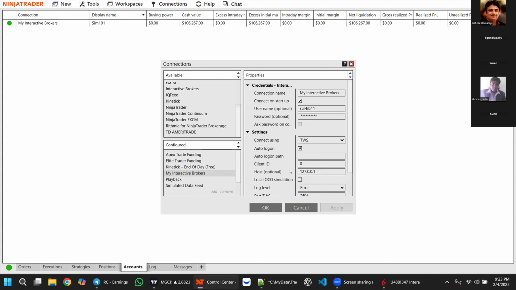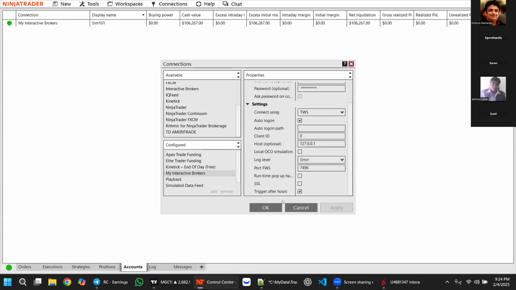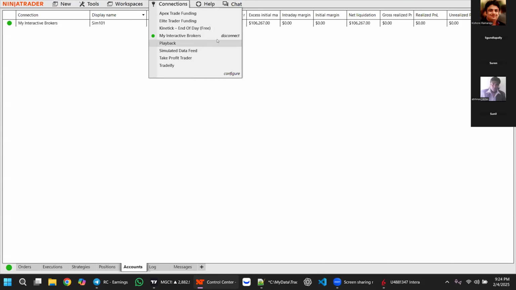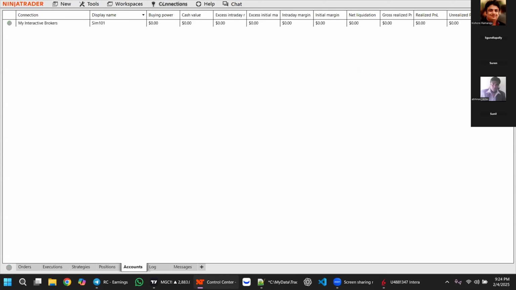Okay. This SIM account is from some prop firm. Basically, a SIM account is like a paper account. They are just showing your paper account value. And that also is incorrect, it's not 106K. Just say okay. So let's say disconnect. I logged out and logged in many times, did all that. It shows green.